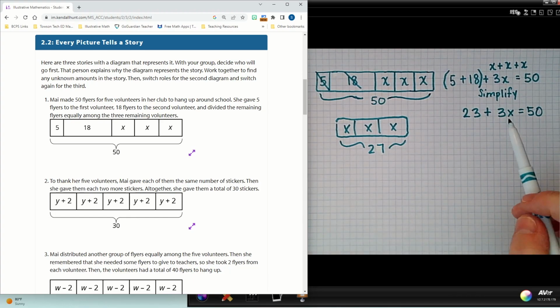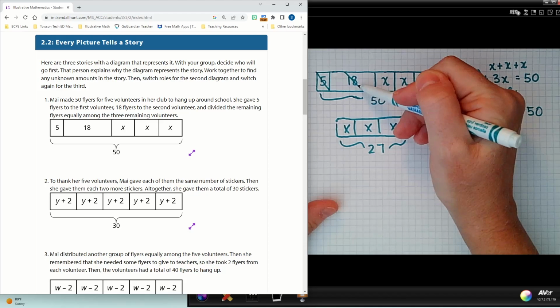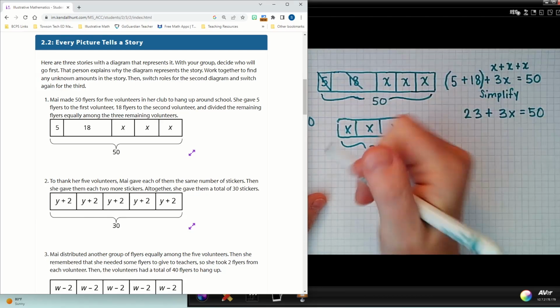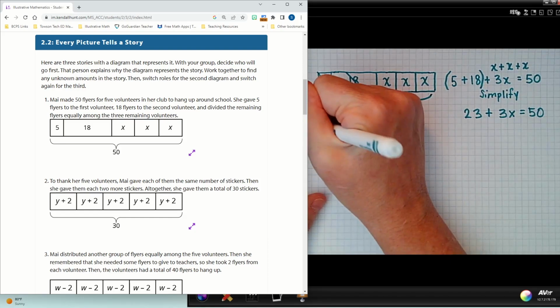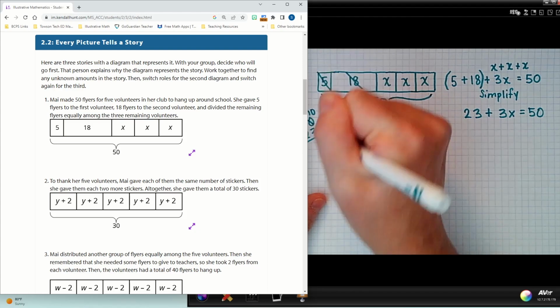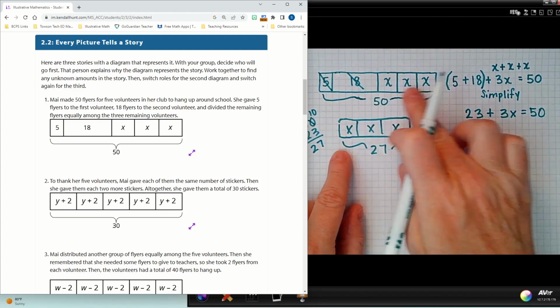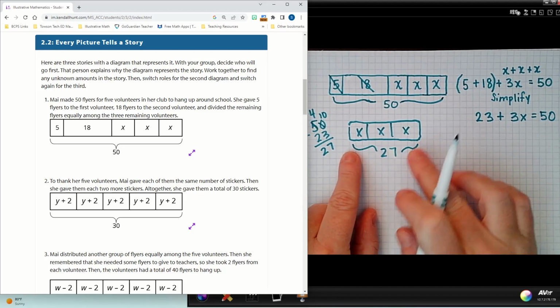So what students will do then is they'll say, well, if they gave away 5 and they gave away 18, then they'll subtract, because that's how many flyers were distributed, 23 already, and that would leave them with a leftover of 27. So then they would rewrite or maybe redraw the tape diagram to represent 3 somethings equals 27.